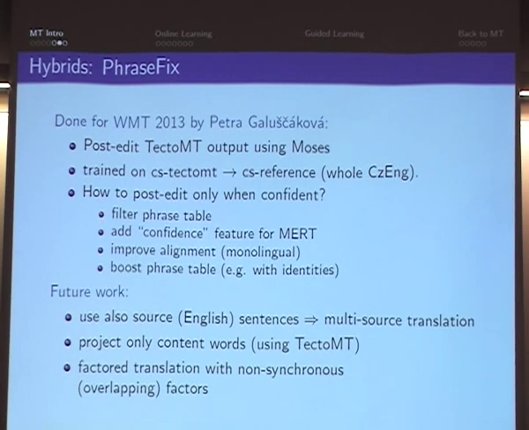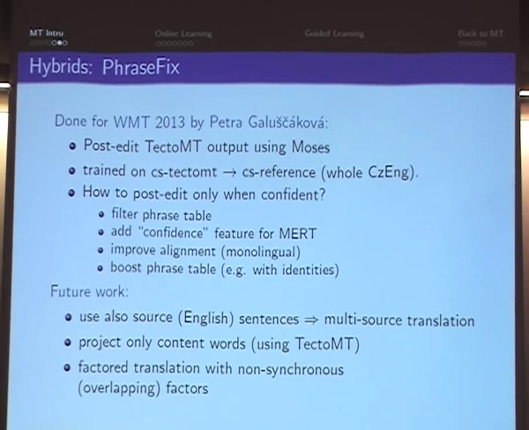So one very simple idea was to filter the phrase table, just the phrases with low score, probably the forward probability, just delete it. Hard constraint, just delete it from the phrase table. Unfortunately, when the pruning was strong, I looked at the phrase table and said, oh, these are really good substitutions.